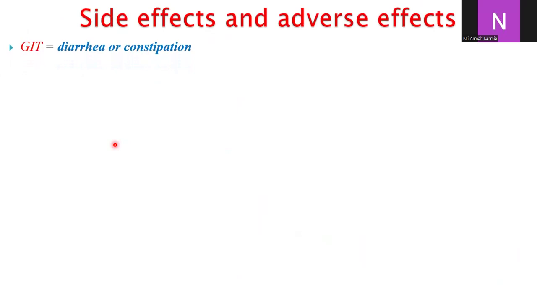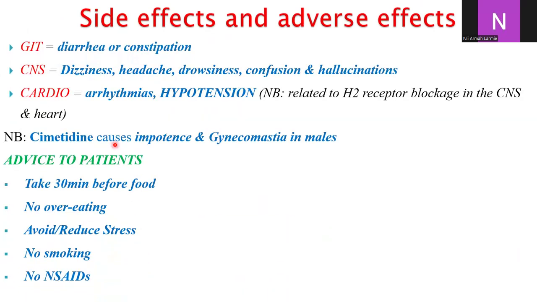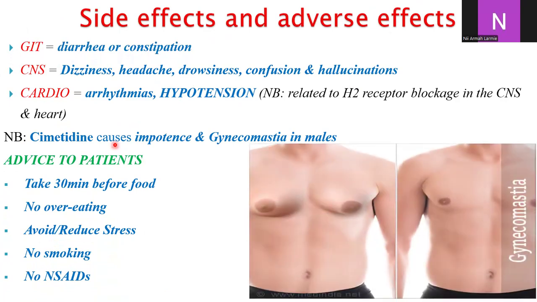What are some side effects associated with the use of H2 receptor blockers? First of all, we want to look at the GI tract side effects. It could be diarrhea, it could be constipation. It's also known that H2 receptors are not only found on the parietal cells, but are also found in other parts of the body. The CNS, central nervous system, has some of these receptors.